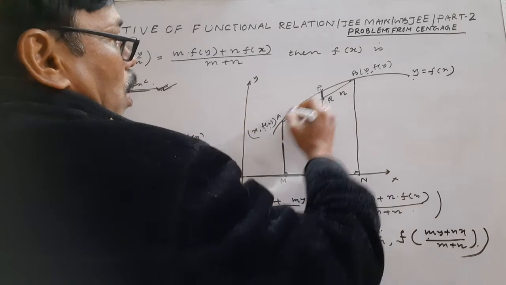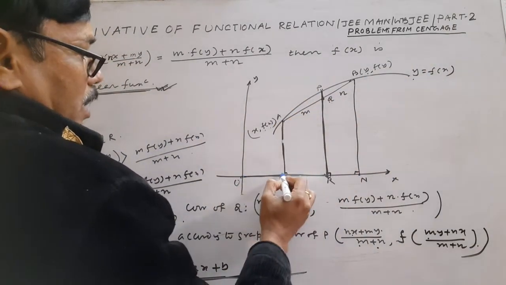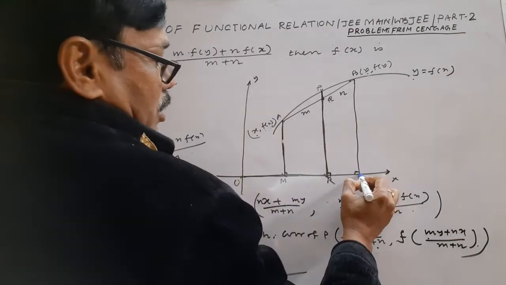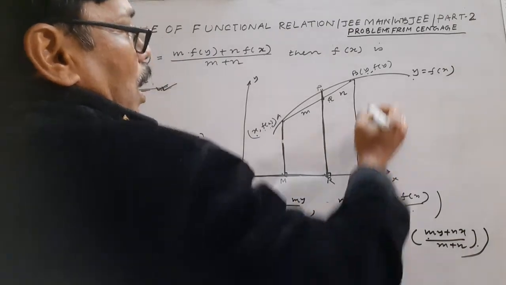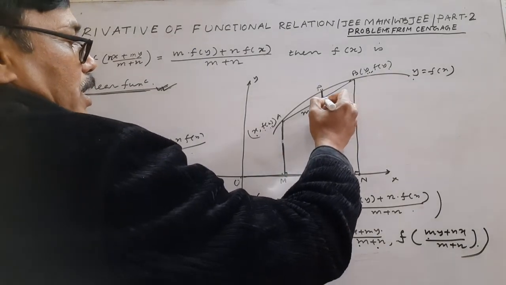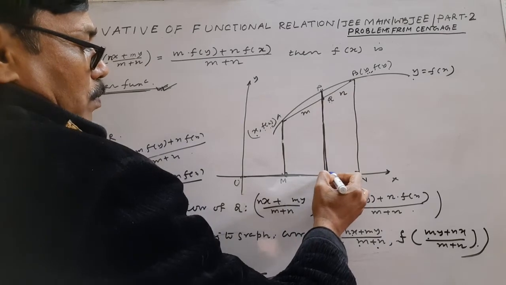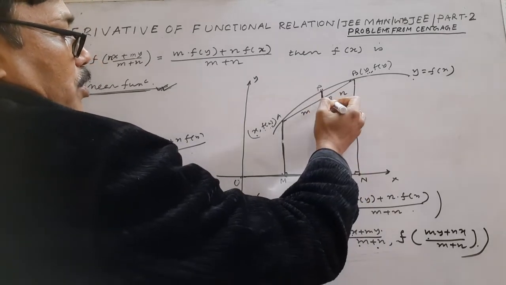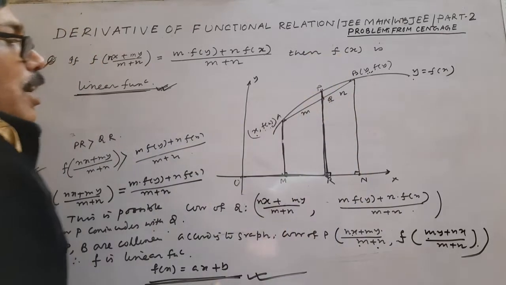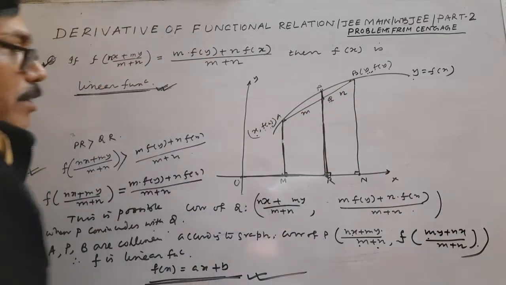AB: y equals f(x) is a curve, and the coordinate of A is x, f(x). If it is y, then it is y, f(y). So Q divides AB. PR is drawn perpendicular. Let Q divide AB in the ratio m is to n.